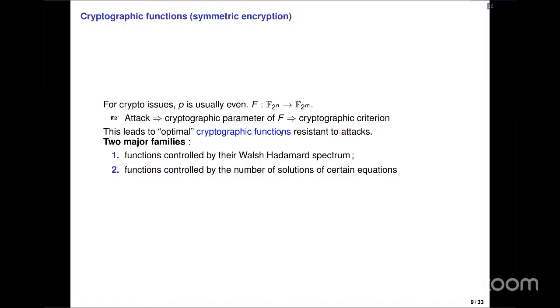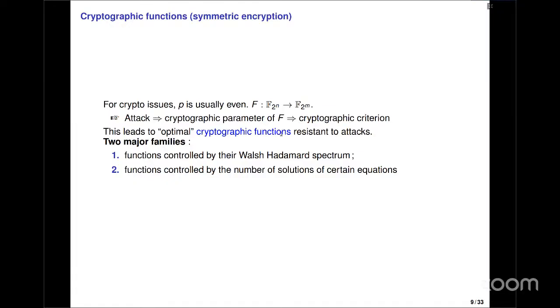So to be far from linear, we define a distance, and we want that the distance is big. So here non-linearity is the parameter, and the non-linearity should be as large as possible.